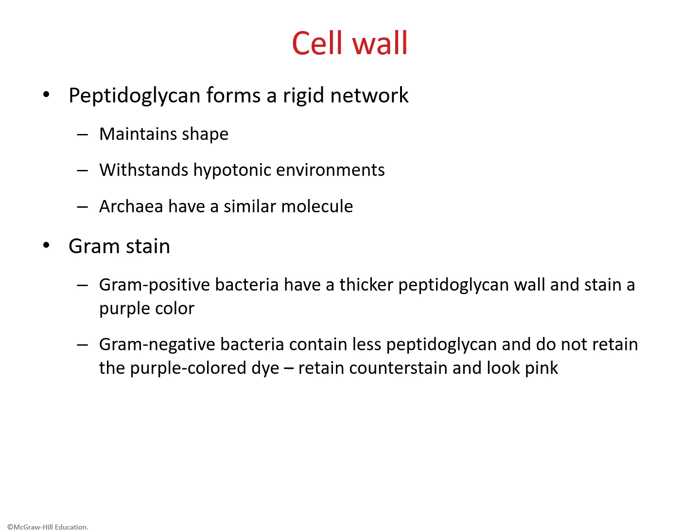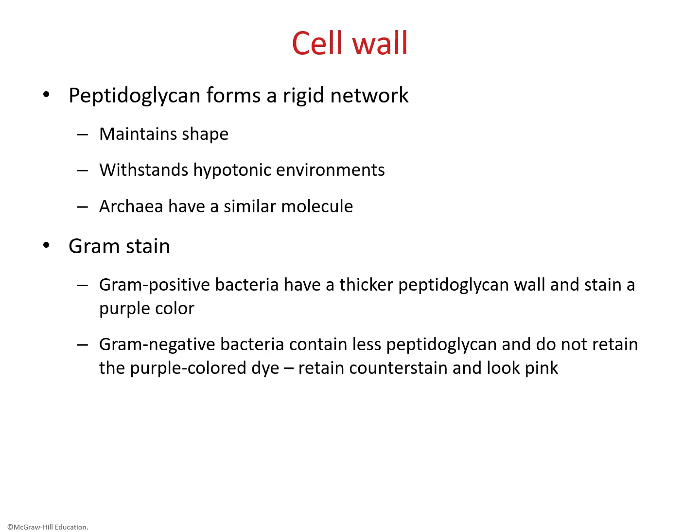These polymers form a rigid network that maintains the cell shape and prevents these cells from bursting in hypotonic solution. So they actually have two functions for the bacteria. One is they maintain their cell shape, and they actually help them to withstand these hypotonic environments.